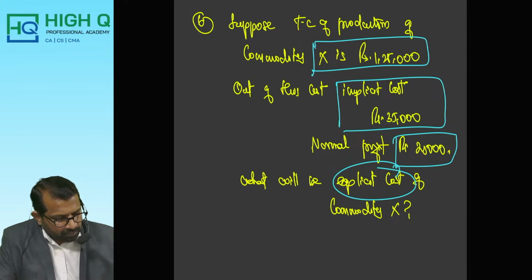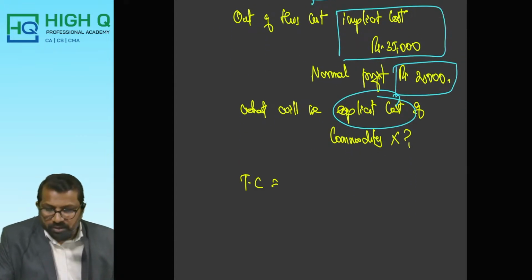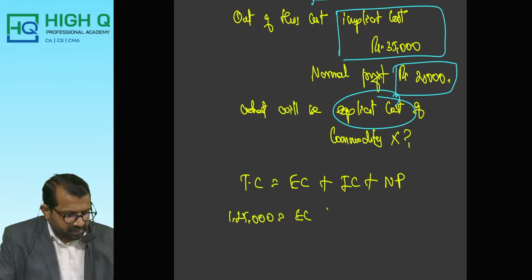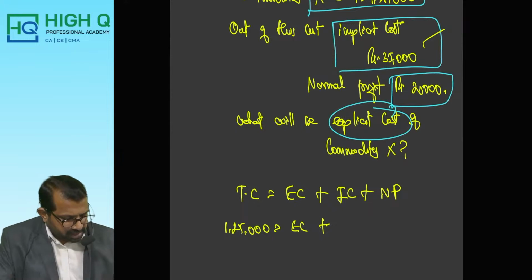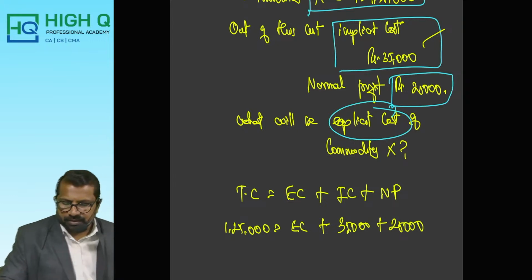Okay, now the formula: total cost equals explicit cost plus implicit cost plus normal profit. Total cost already they have given, 1,25,000. Explicit cost we need to identify. Implicit cost 35,000. Normal profit 25,000.